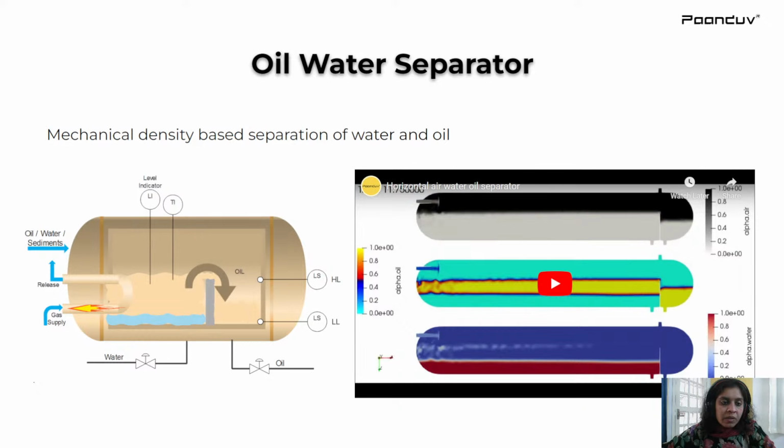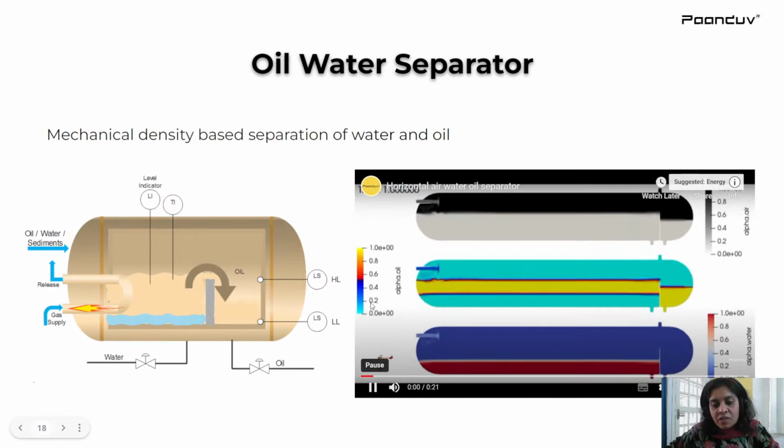The second example is the mechanical separator, which is mostly used in the petroleum industry. This is used as a primary step when the crude oil comes from the pipeline and you have water along with the crude oil. How do you want to remove that? In those industrial cases, mechanical separators such as this one are used, and here the location of this baffle plays an important role in deciding the separation efficiency of oil and water.